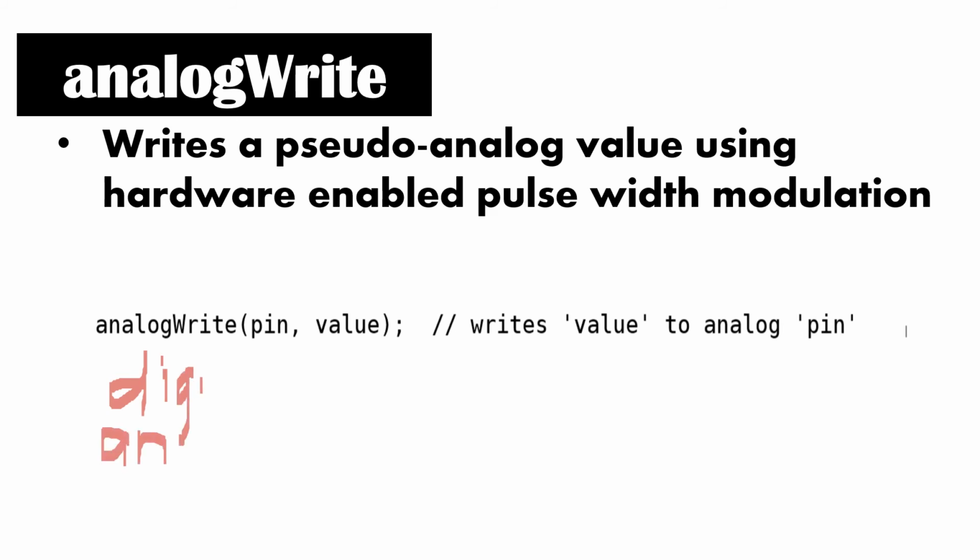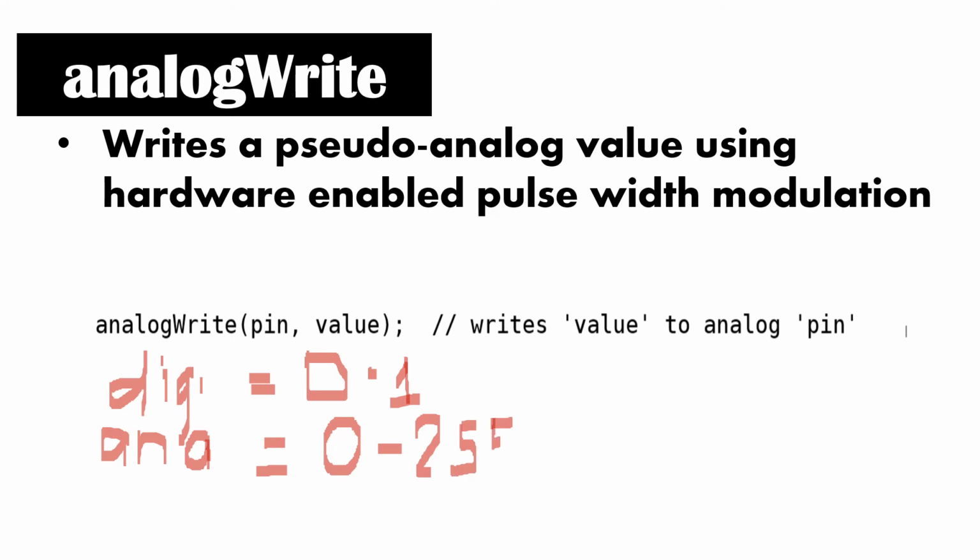Kapag sinabi nating digital, ang value niya lagi ay 0 and 1. Ibig sabihin, it will just turn on or turn off. Kapag naman analog, ibig sabihin, it can have a range of value. For example, it can have a value of 0 to 255.